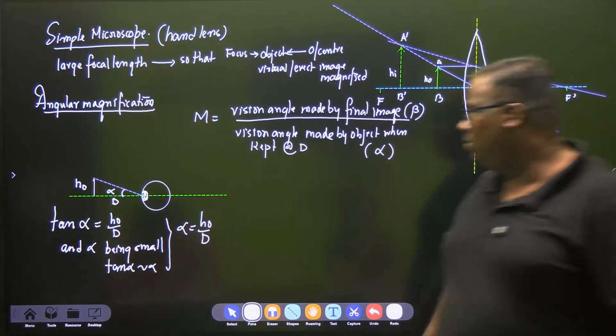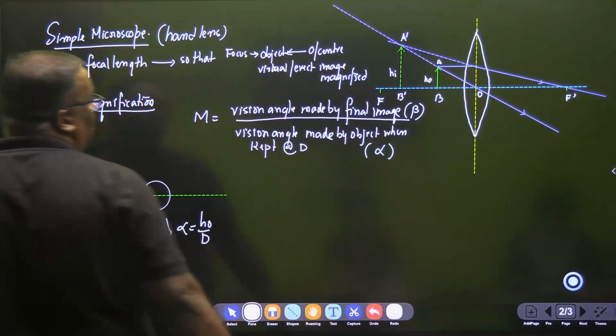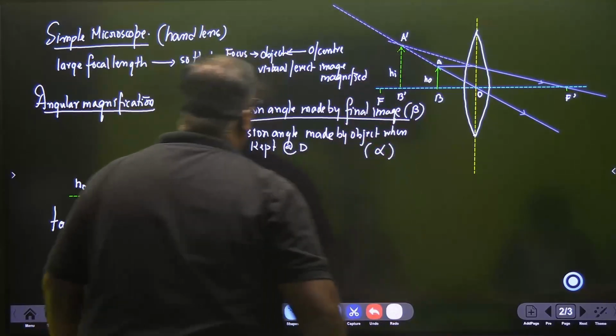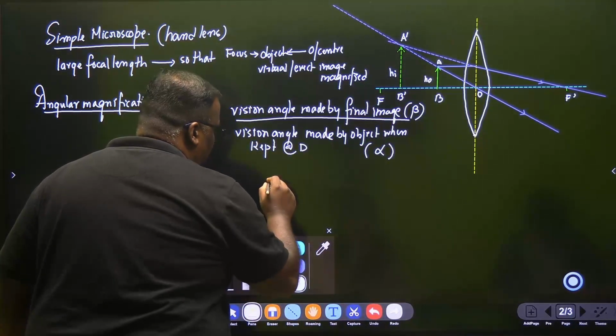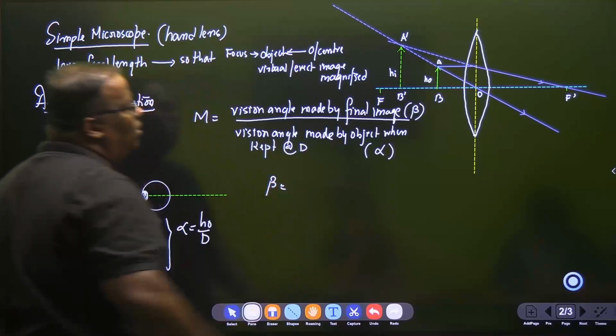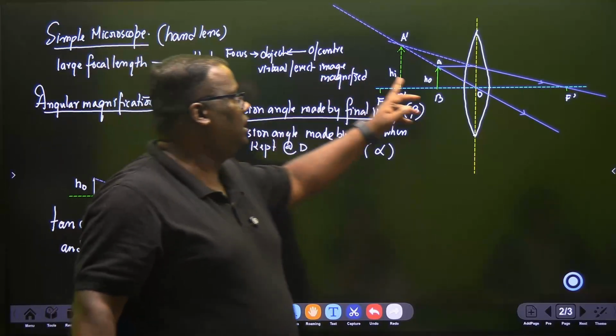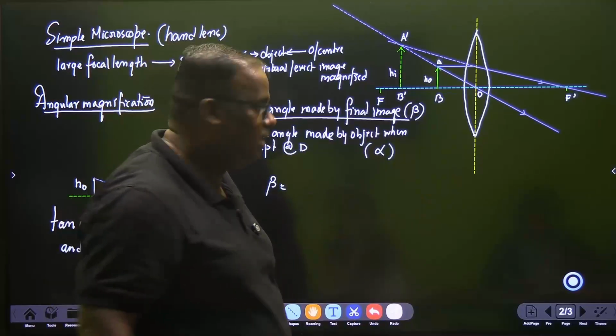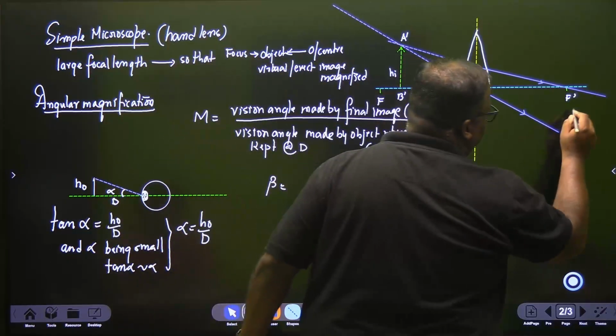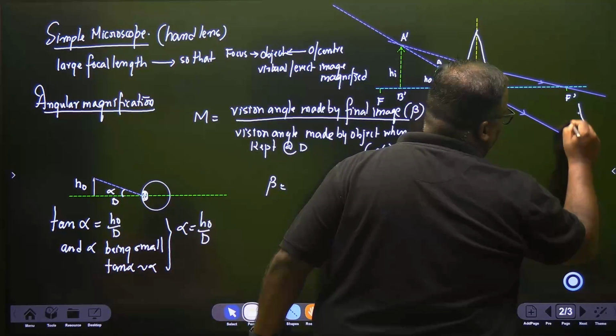Understood? So let's go back to this particular diagram. Now, how do you work on beta? My beta will be the angle created by the final image with the eye. Agreed? Now your eye is, this is how you are seeing this.